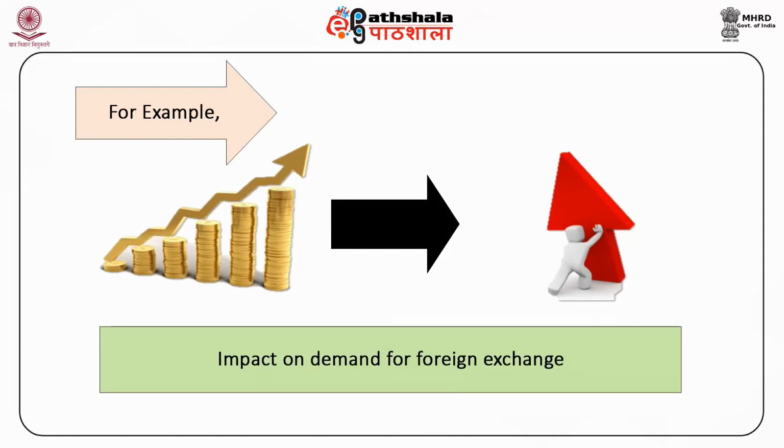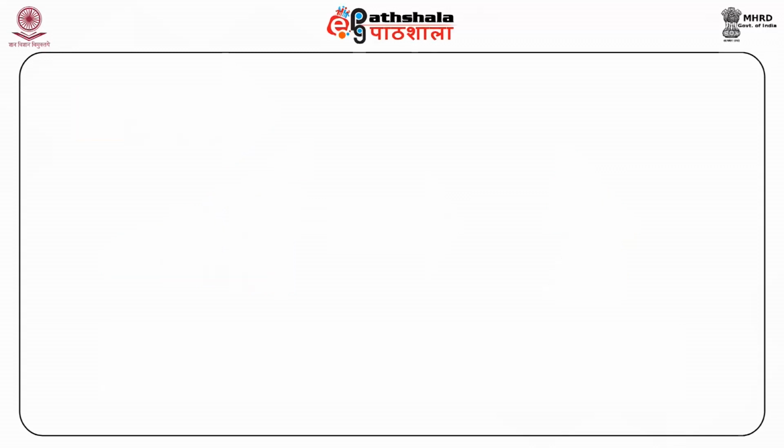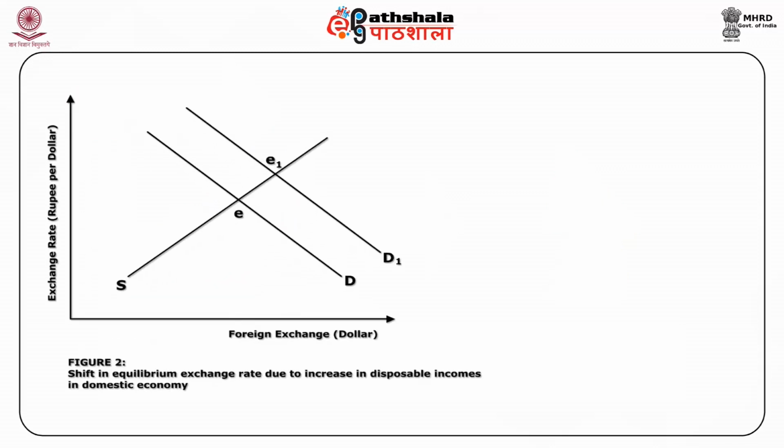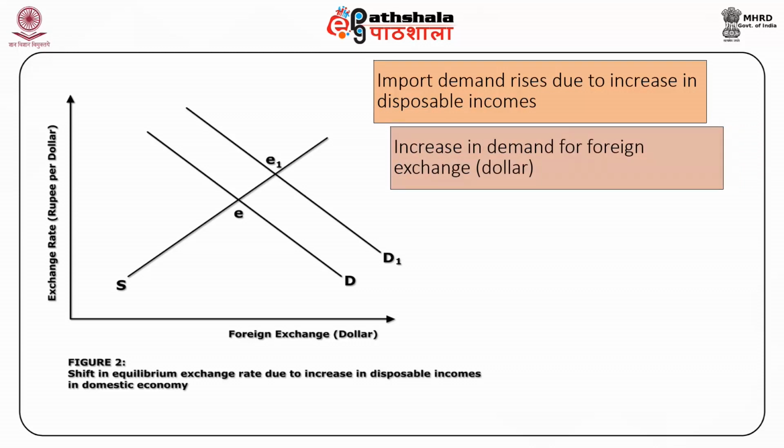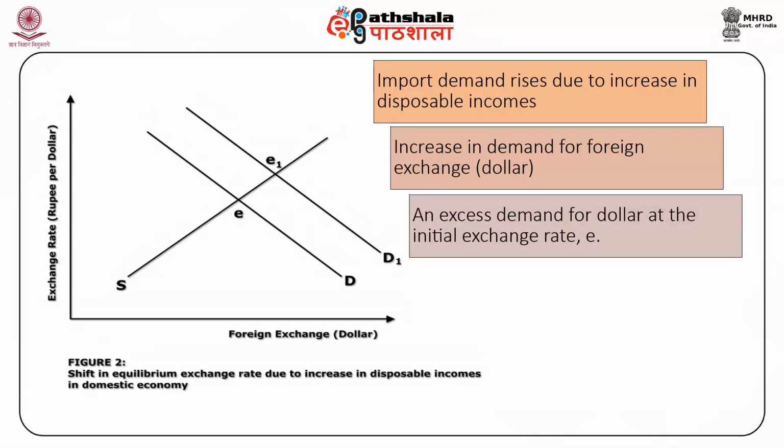Let us understand this case more clearly with the help of a diagram. In the diagram, the demand curve shifts from D to D1 as import demand rises due to increase in disposable incomes. Other things being equal, higher import demand leads to an increase in demand for foreign exchange, dollars, creating an excess demand for dollars at the initial exchange rate E. You may note that the excess demand for dollars is essentially an excess supply of rupees as people exchange rupees for dollars.